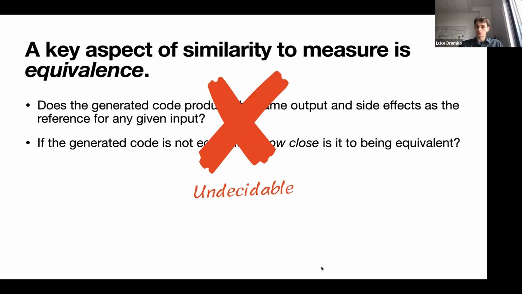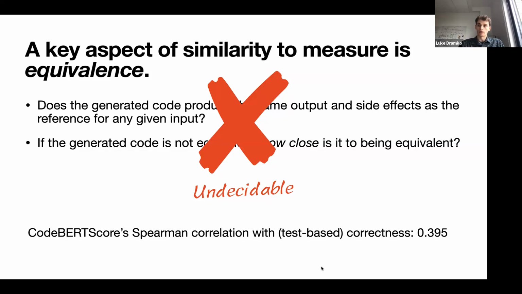To illustrate this, CodeBERTScore, the metric we just looked at, is better than existing metrics at measuring code similarity. But the authors do an experiment to gauge correctness in an approximate way. They have a set of unit tests for every function, and if the prediction passes all the unit tests, they say it's correct.